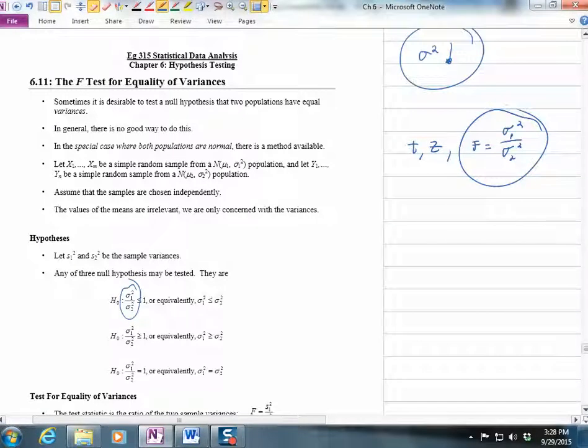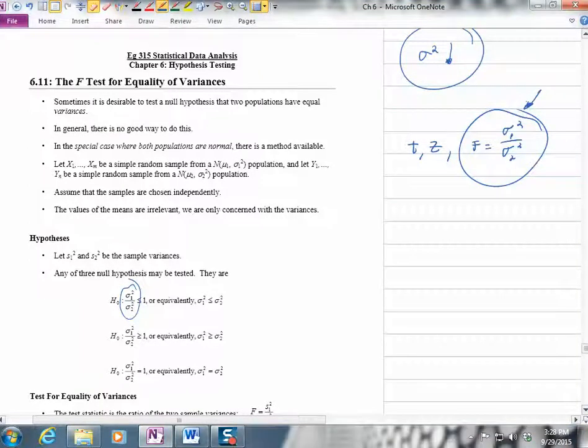So that means, because this is the statistic that we have, we're going to get our null hypothesis in that form. Just like when we had mu1 is greater than mu2, we moved it over, just like before when we did this.